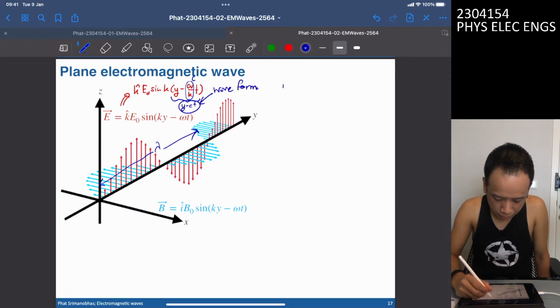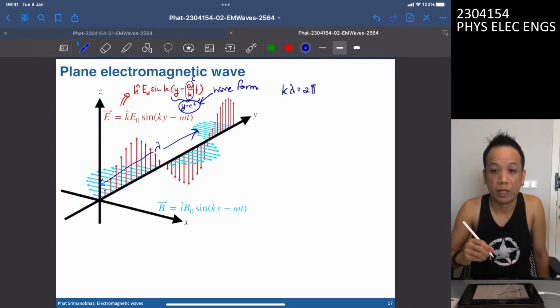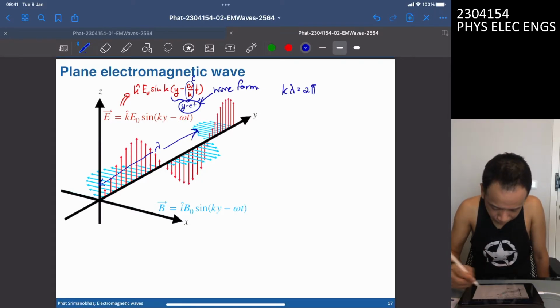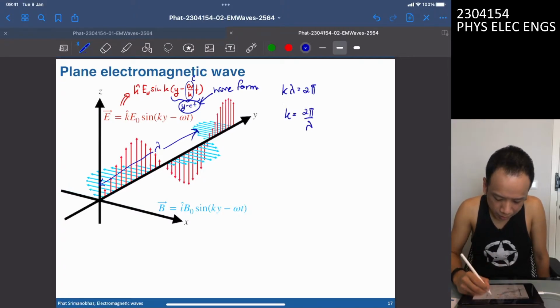You have the equation of ky, right? It's k lambda equal to 2 pi, so every 2 pi the waveform is going to repeat. So you get k equal to 2 pi over lambda.